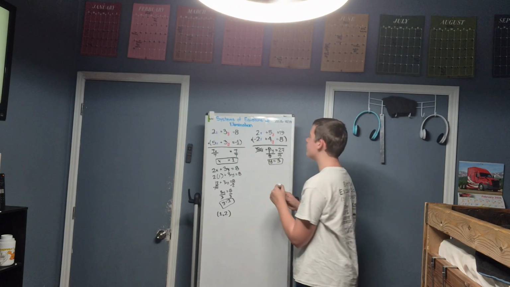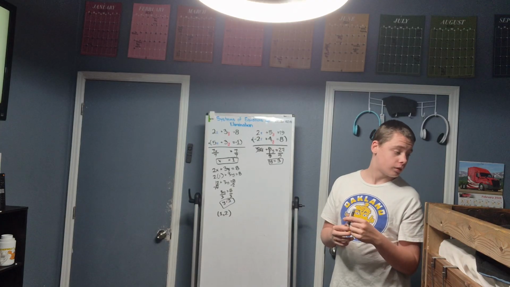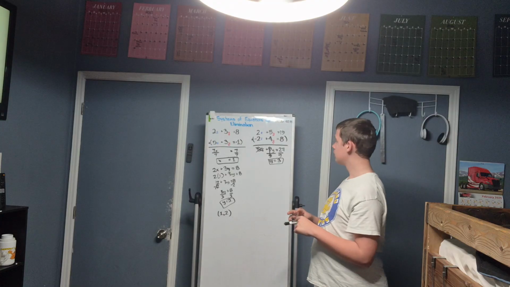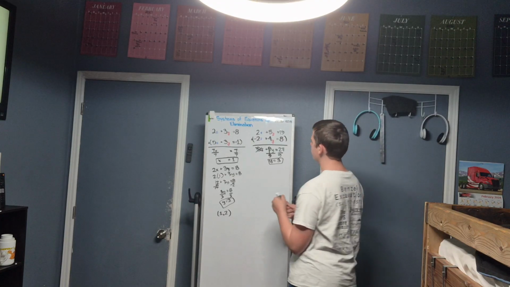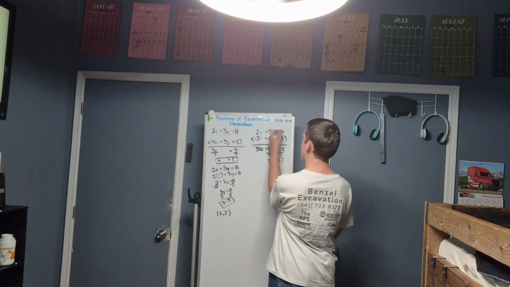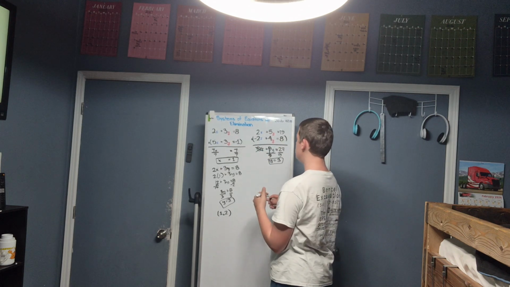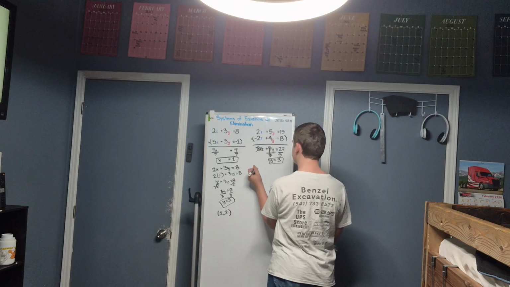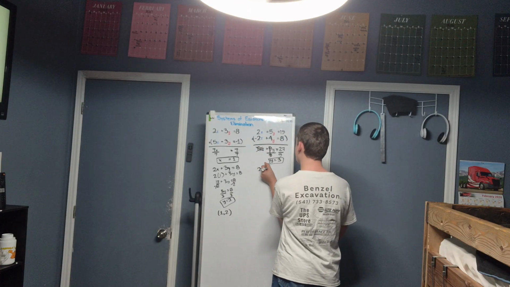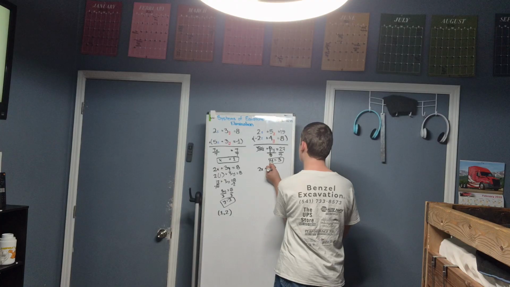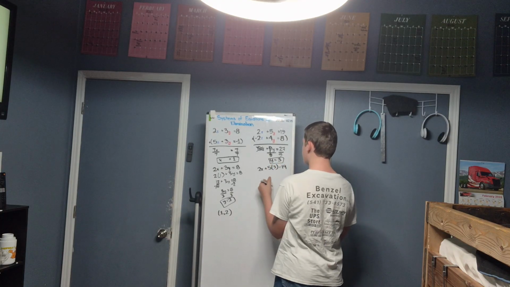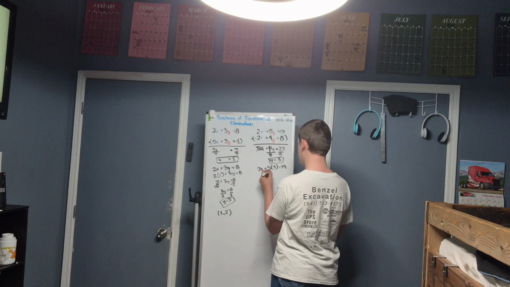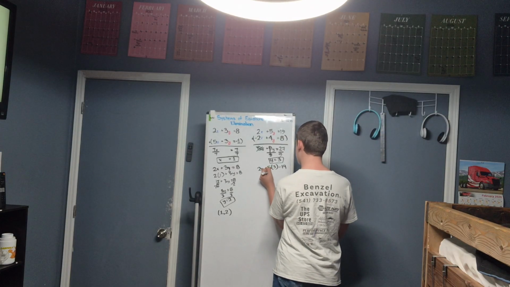Since y equals 3, we're not done. So we're going to be testing the first equation. And if not, then we're going to test the second equation. So let's try 2x plus 5y equals 19. 5 times 3 is 15.